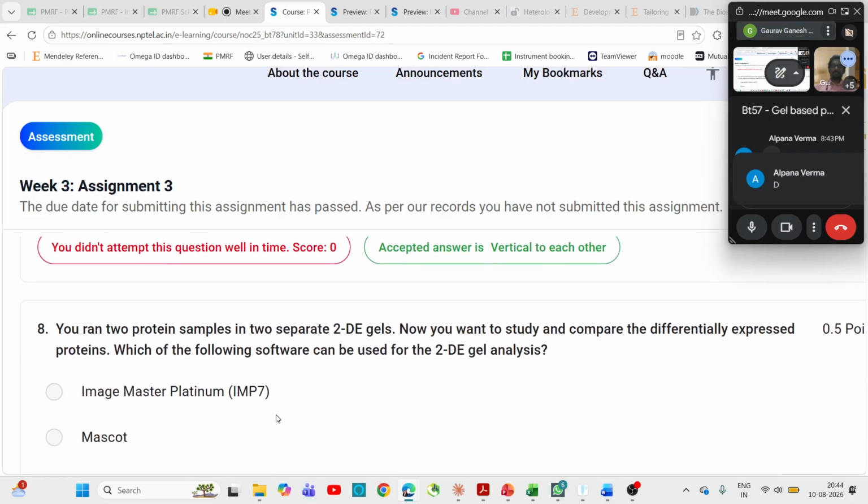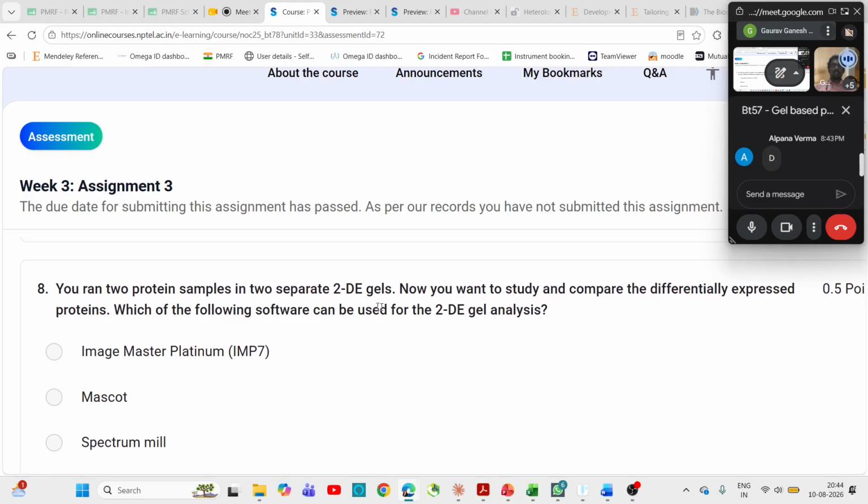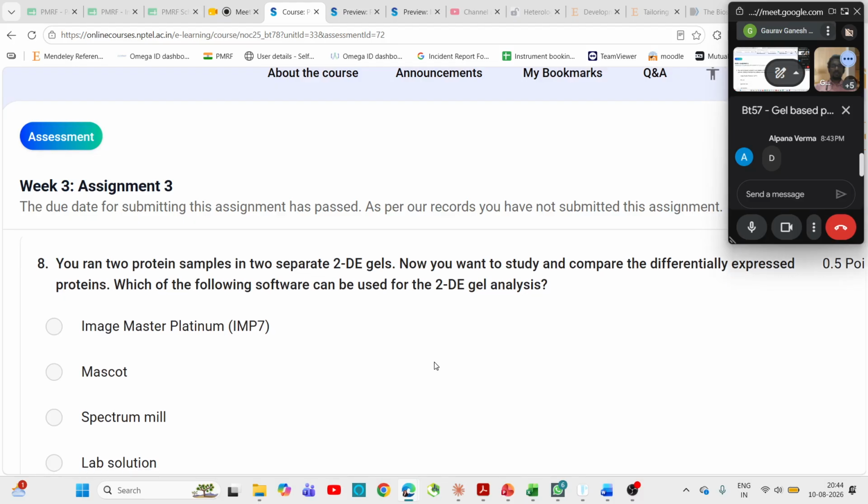Good. So here are two proteins with two separate 2D databases. Now you want to study and compare differentially expressed proteins. Which of the following software can be used? Oh, we didn't do this exactly, but just give a random guess though.